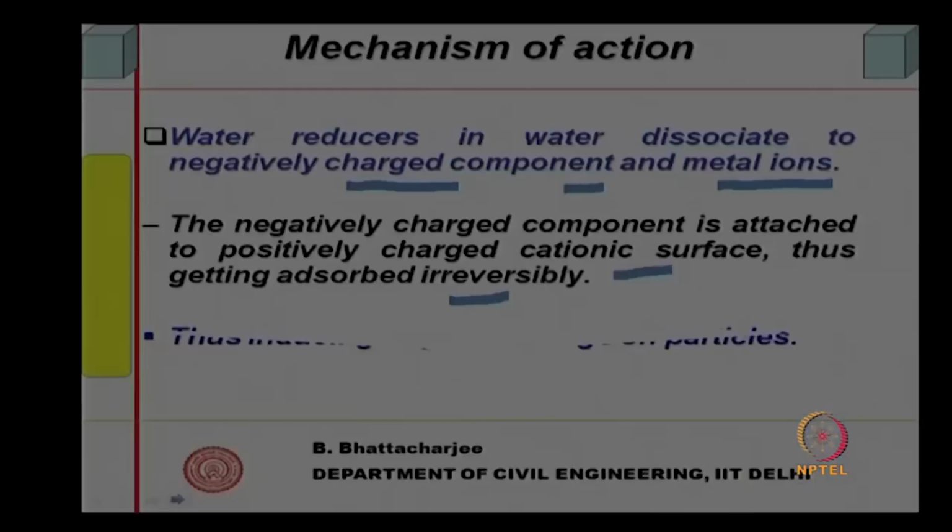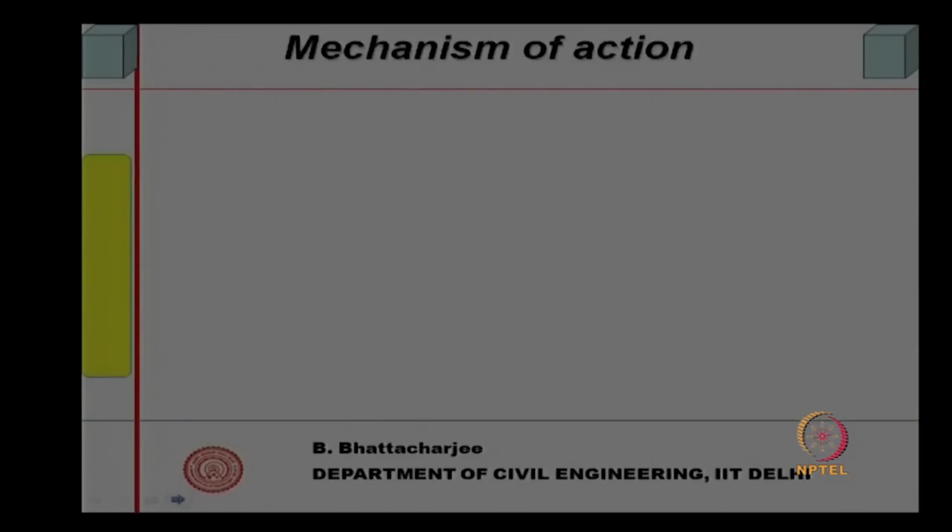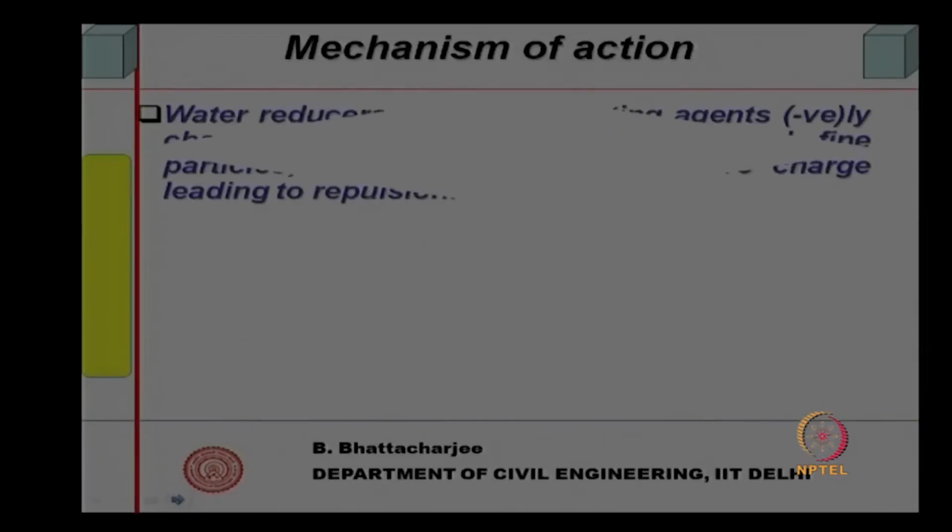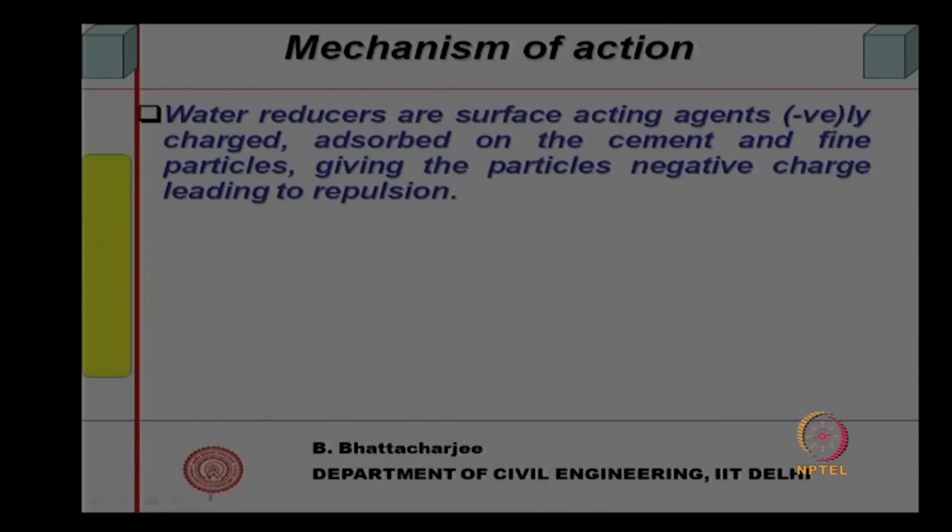Now, since they are negatively charged, they induce these negative charges into the cement particle itself, which can overcome the van der Waals forces, and therefore deflocculation or dispersion occurs. So, they induce negative charge on the particle after adsorption, and they cause dispersion.